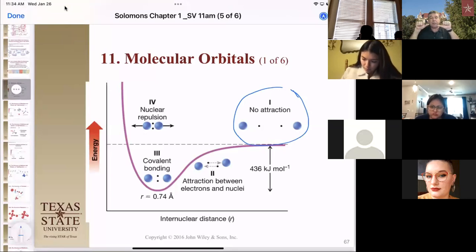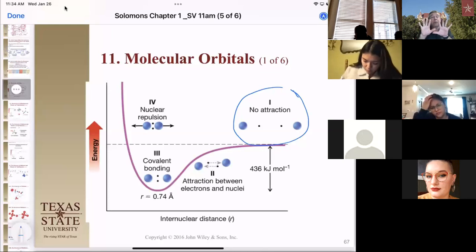So they're going to start to pull together, and at some point they're going to reach equilibrium between pulling the extra electron from the one atom and this electron from that atom, but then there's the other electrons that are repulsing each other. So these are attracting, and then the other electrons are repulsing. So there's going to be this equilibrium where the attraction and repulsion is at its minimum energy.